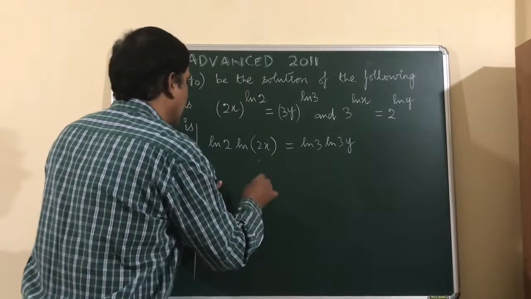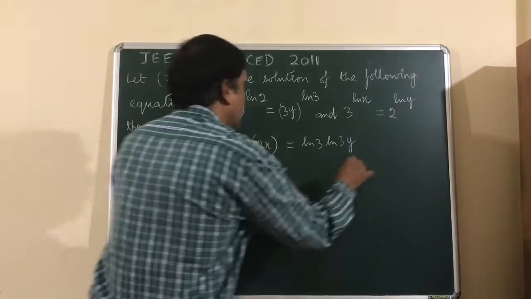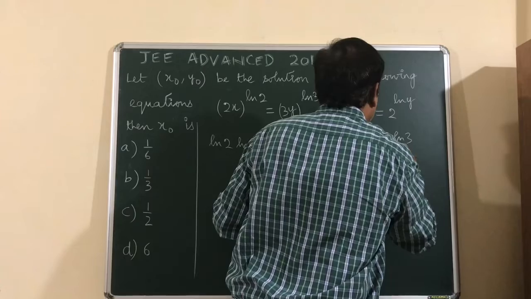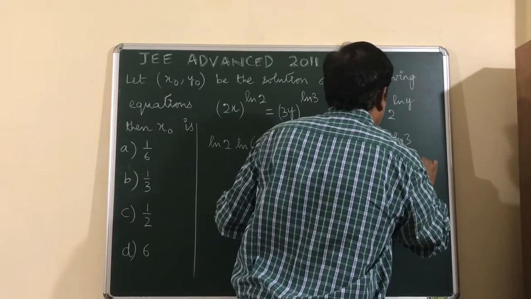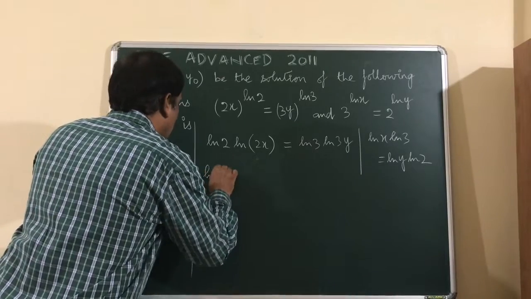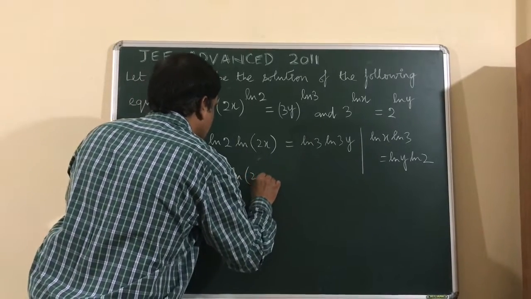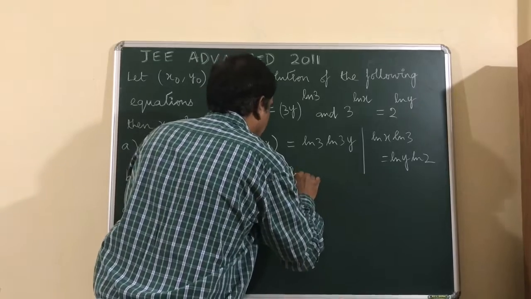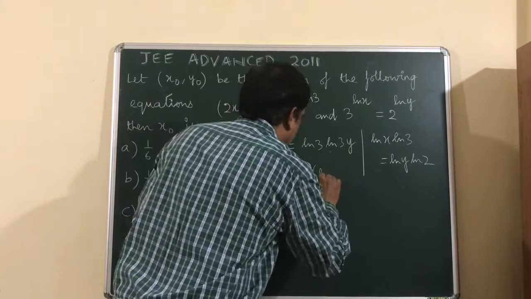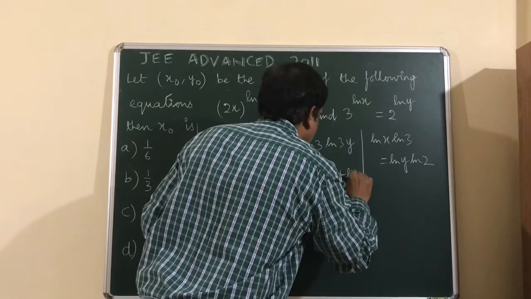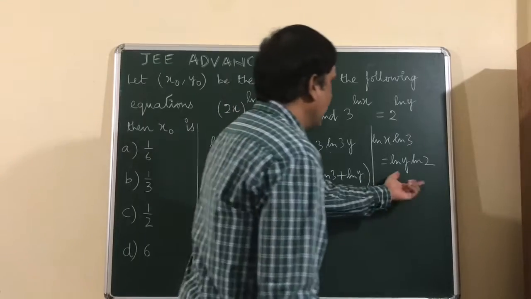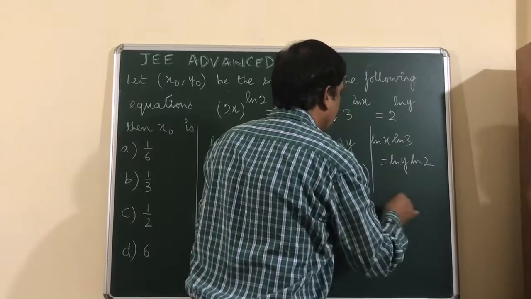For 3 raised to the power ln x is equal to 2 raised to the power ln y, we will take the log, and this equation will become ln x into ln 3 is equal to ln y into ln 2. So we can write ln 2 into ln 2x is equal to ln 3 into, and we can use the formula ln AB, that is ln 3 plus ln y. From this equation we can find the value of ln y.